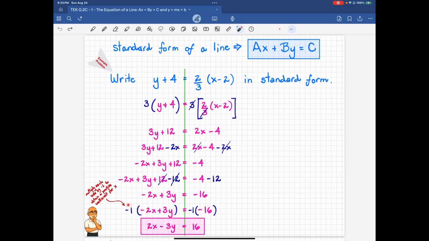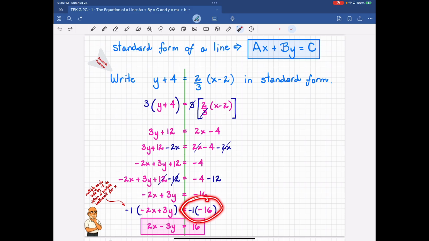I'm going to distribute that -1 to the -2x and the -1 to the +3y. And what that does is that converts my -2x into a +2x, and it converts my +3y into a -3y. And then if you look over here, we have a -1 times a -16.